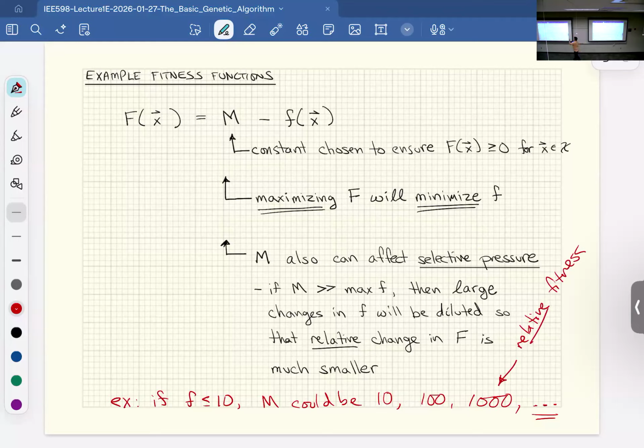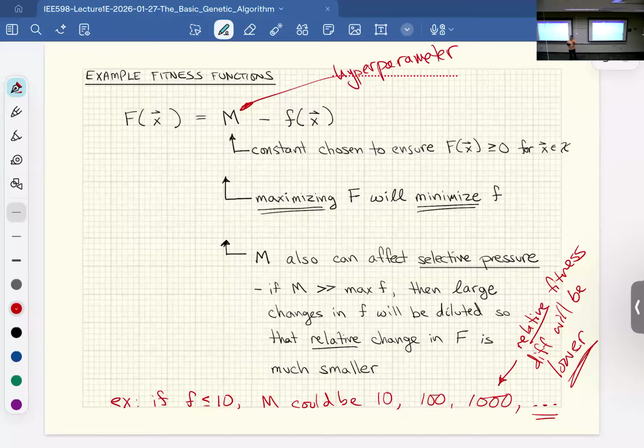So this is a hyperparameter. Just mention here, this is a hyperparameter. And the idea is, if you notice that your genetic algorithm is converging very quickly to local optima, like it says, okay, I get that that's a good position, but I'm pretty sure there's another one elsewhere, you could then increase that M to something very large.